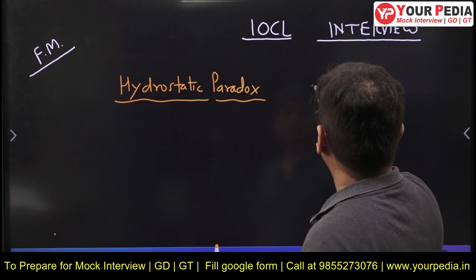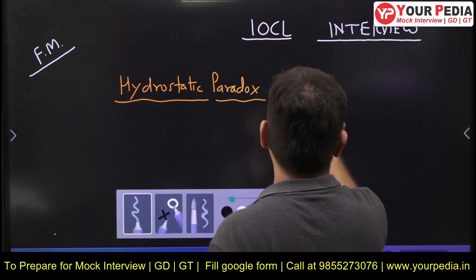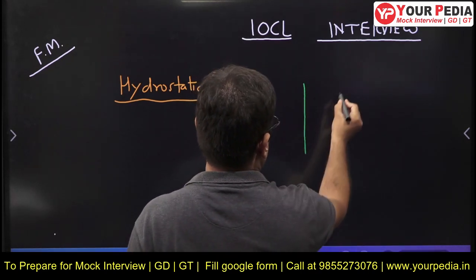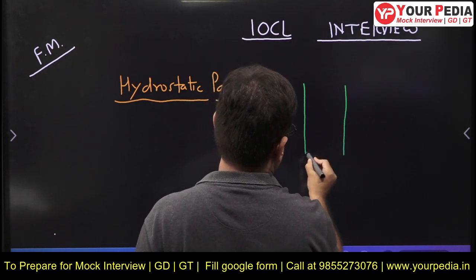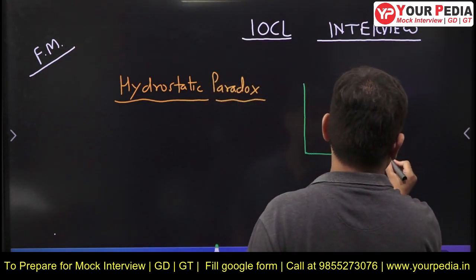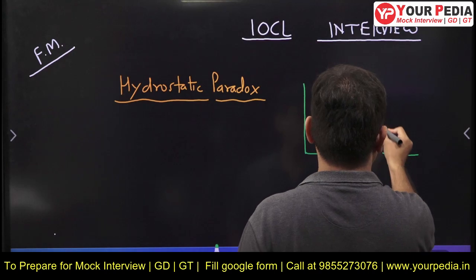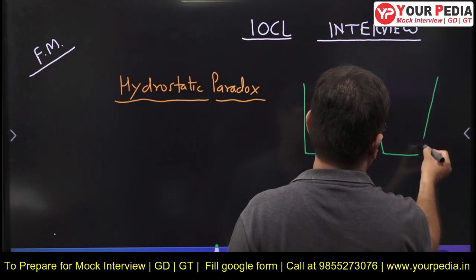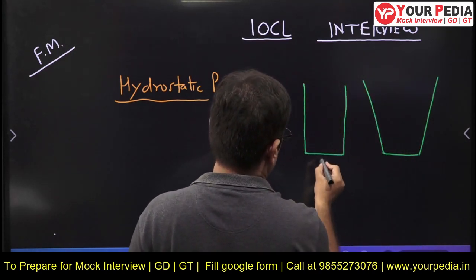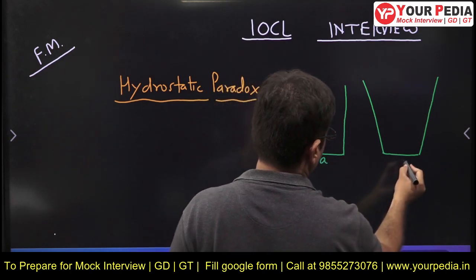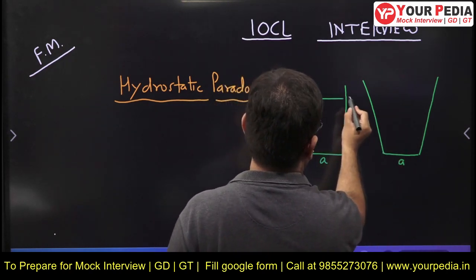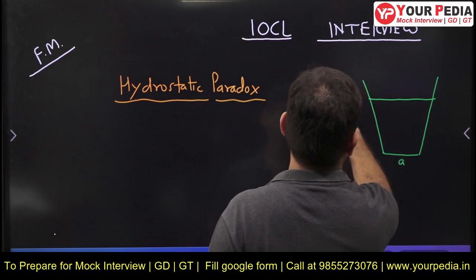Let me make two diagrams here. This cross section is small a, this cross section is also small a, and I am giving you two containers.